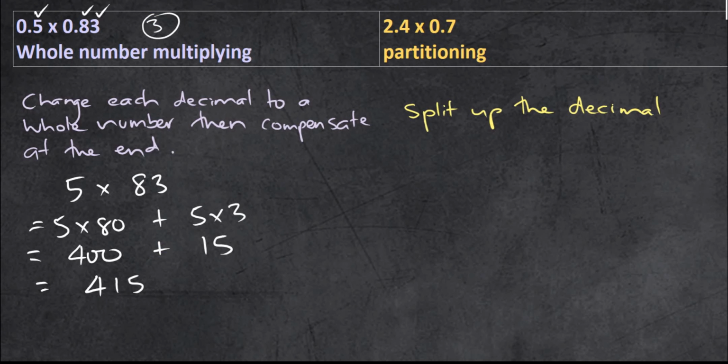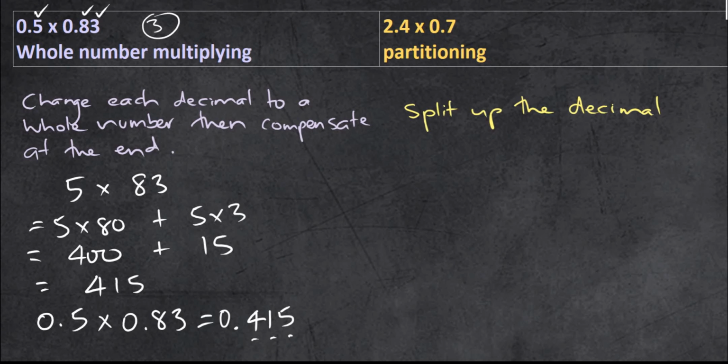So with the whole number multiplication I get 415, so if I just rewrite the multiplication question, my decimal point needs to go there. So 0.415. So I've got 3 digits to the right hand side of the decimal point, just like I have in the original question.